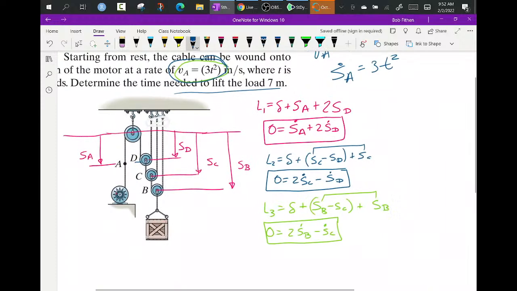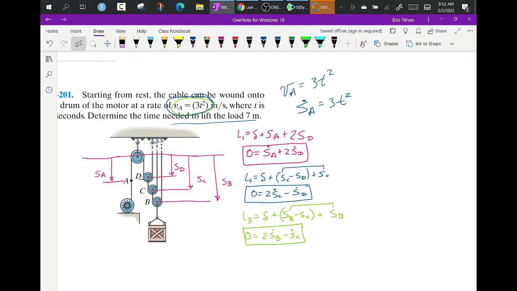Now he wants to know the time needed to lift the load 7 meters. Okay, this is a little bit weird, but here we go. I can take the SA, shove it in here, and I'll have an SD out of that.